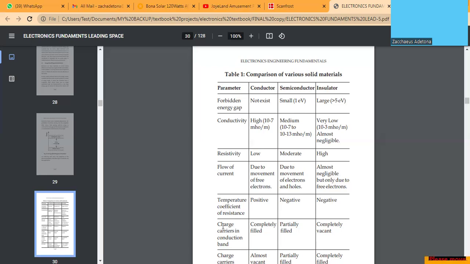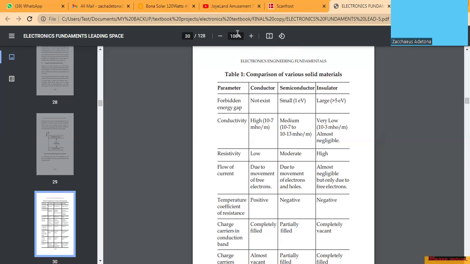All right. For charge carriers in the conduction band, in conductors we have completely filled charge carriers, for semiconductors we have partially filled, and for insulators we have completely vacant.